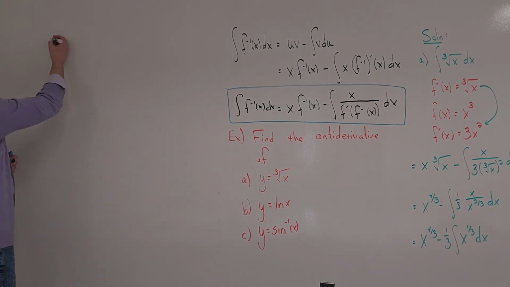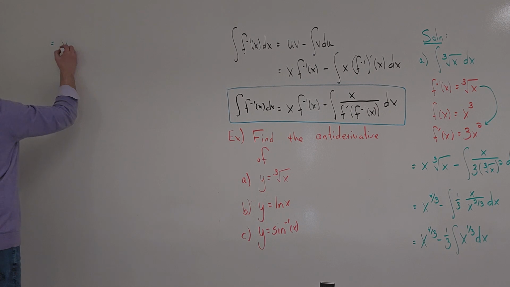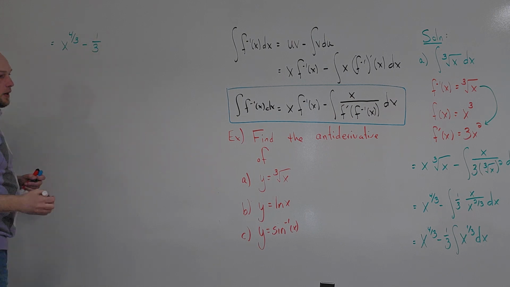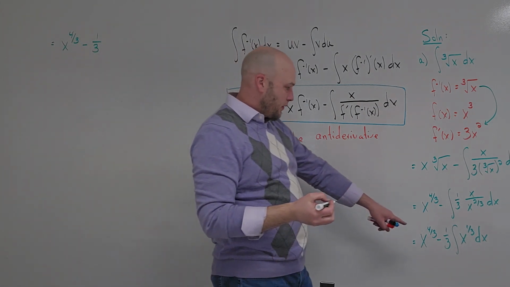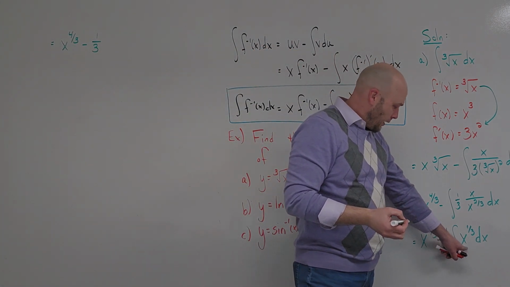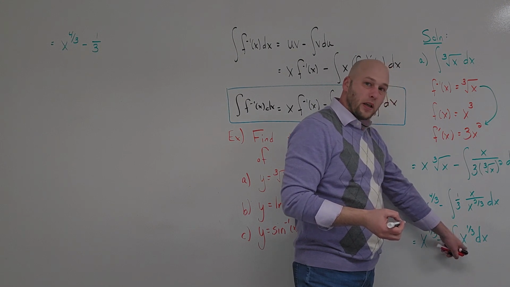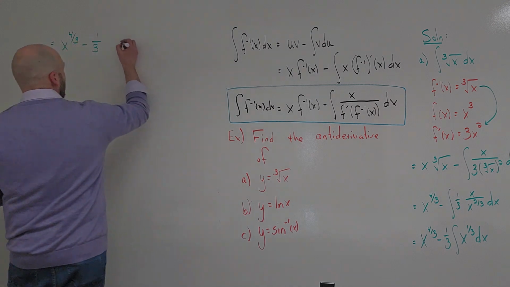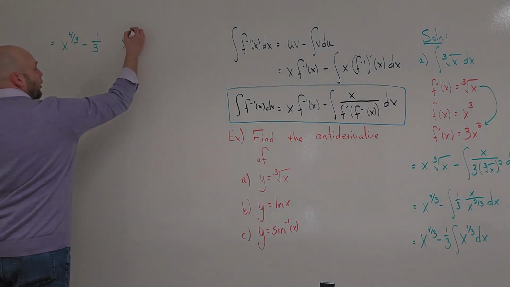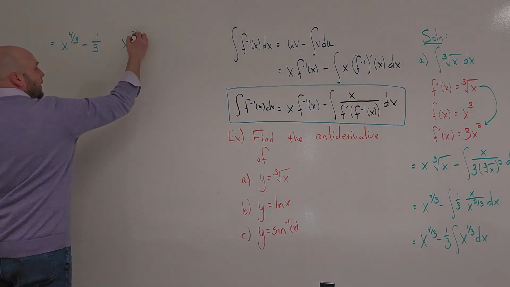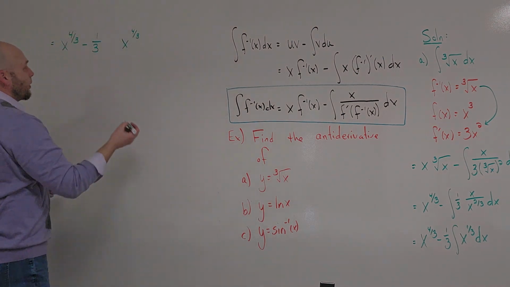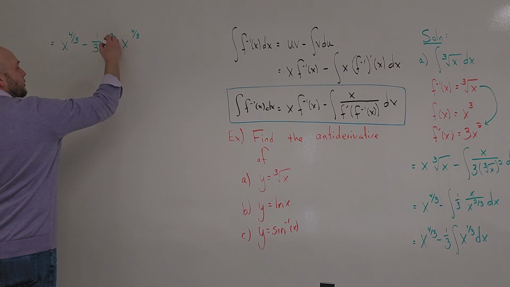Starting back over here, this gives me x to the 4/3 minus 1/3 times the antiderivative of x to the 1/3. Power rule for an integral means I'm going to add 1 to the exponent. That would give me x to the 4/3, and then we multiply by the reciprocal of the increased exponent, which would give you 3/4.